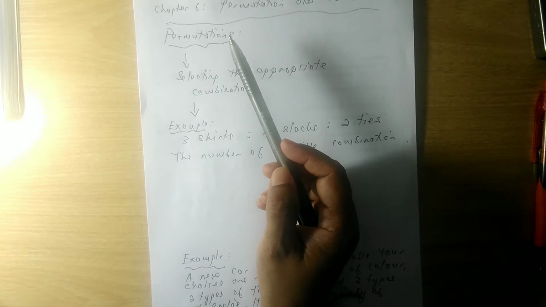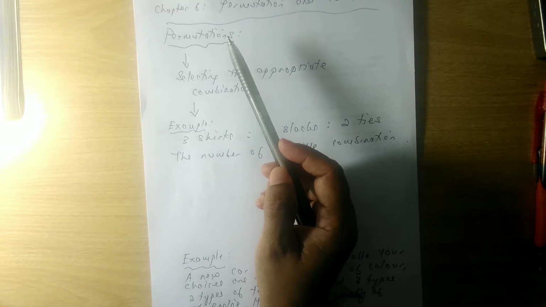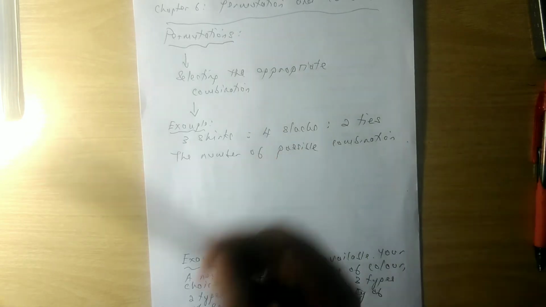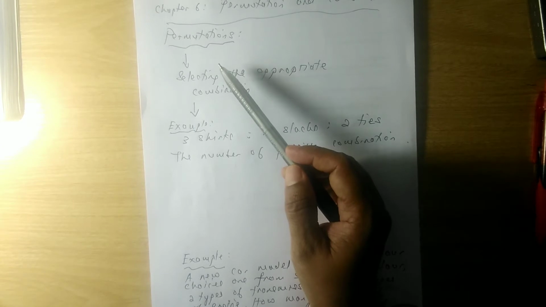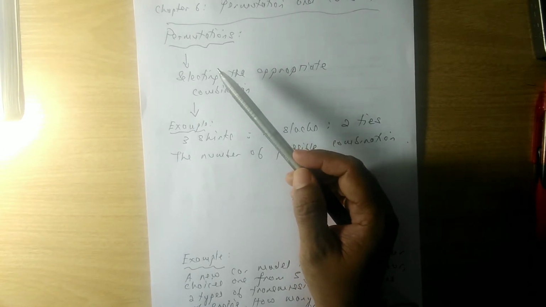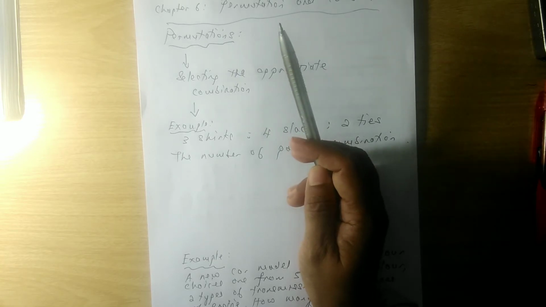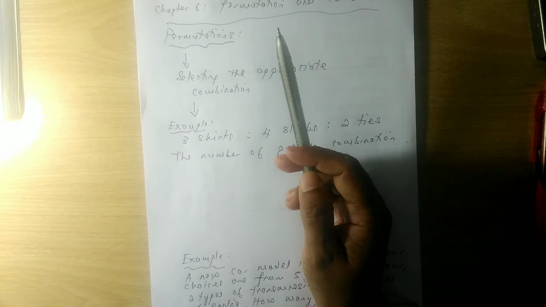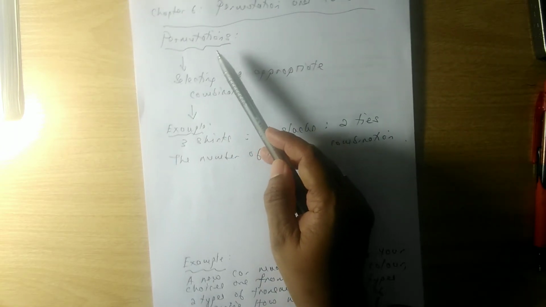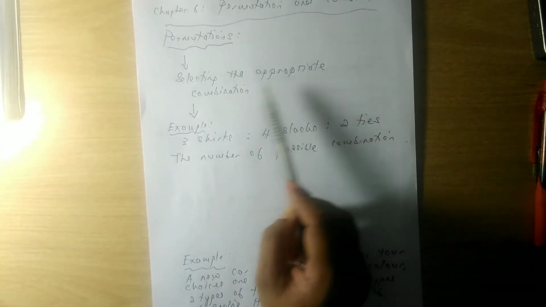You can randomly pick. Let's say you've got drink 1 and dish 2, maybe drink 2 and dish 5. Things like that. So we randomly pick and make a selection out of it. This is the concept of permutation, selecting appropriate combinations.